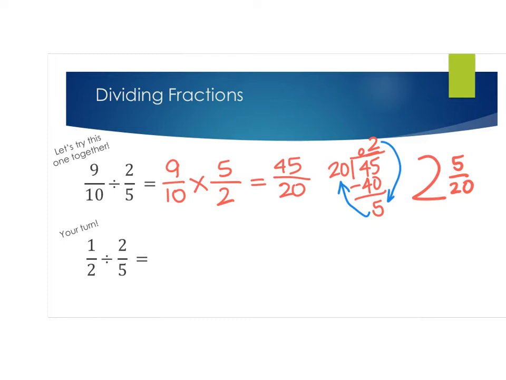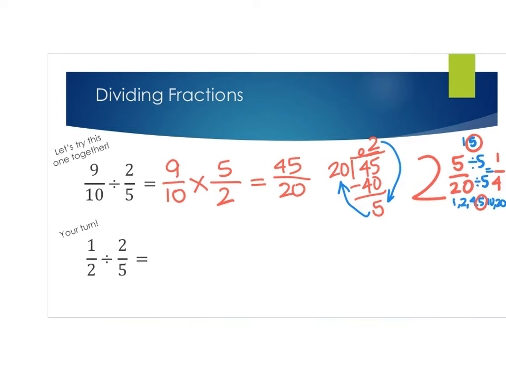But the factors of 5 are 1 and 5, and the factors of 20 are 1, 2, 4, 5, 10, and 20. They have a common factor of 5. So I need to actually simplify my fraction by dividing by 5. 5 divided by 5 is 1. 20 divided by 5 is 4.